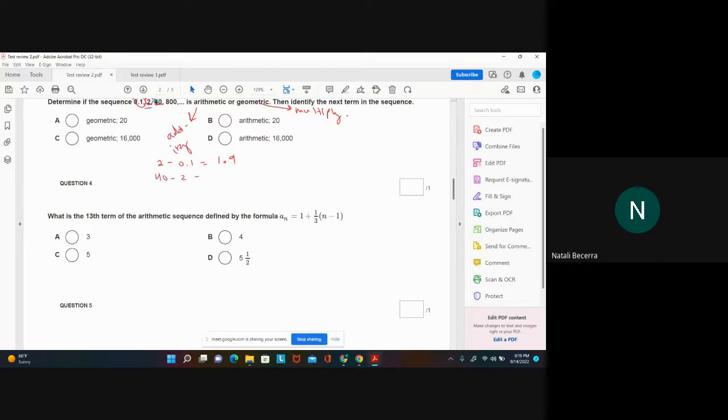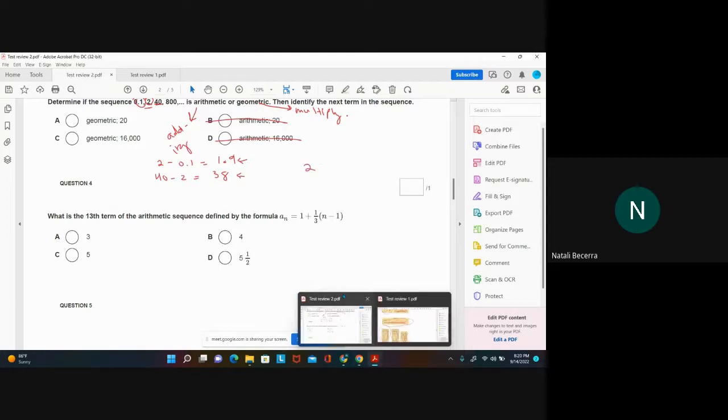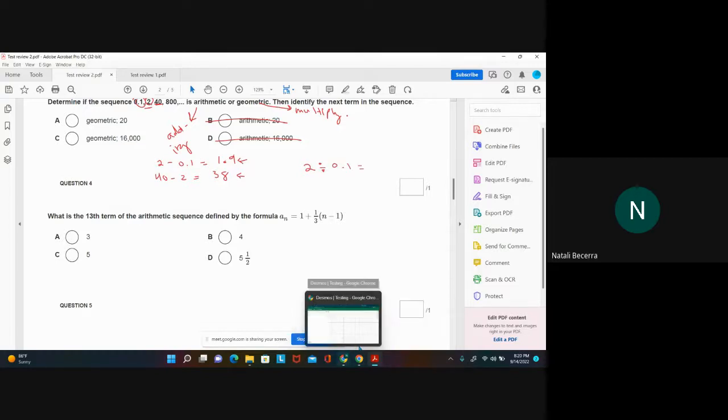If not, then it's not adding, it's multiplying. 40 minus 2, I could tell you right now, is 38. These are not the same, so it's not arithmetic. It has to be for sure geometric. So let's find the pattern. Let's do the opposite of multiplying, which is dividing. So 2 divided by 0.1. We're going to go to decimals.